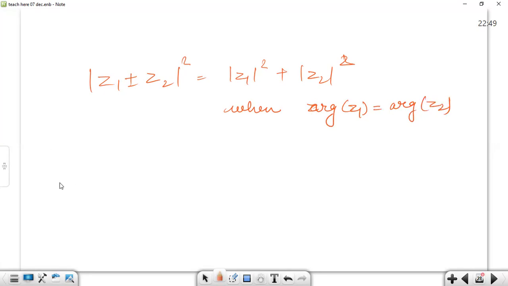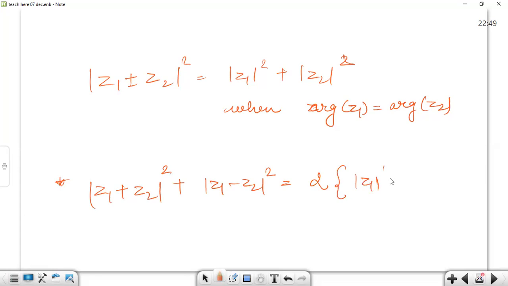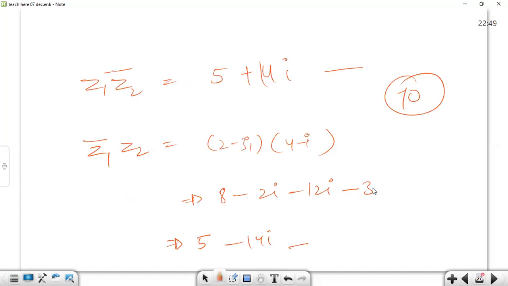There's another property: modulus of z1 plus z2 whole square plus modulus of z1 minus z2 whole square is equal to 2 into modulus of z1 square plus modulus of z2 square. This is simply another derivation of this property only.